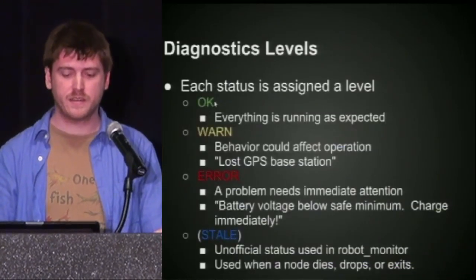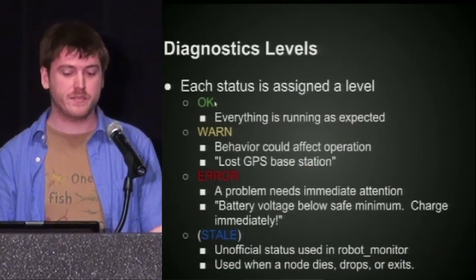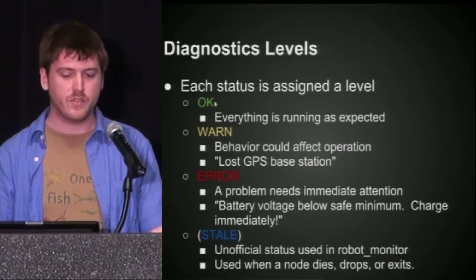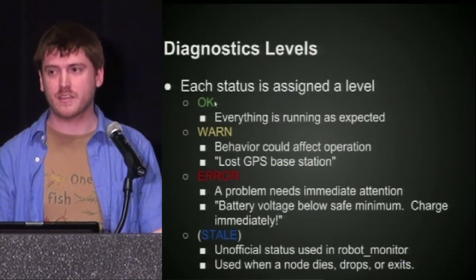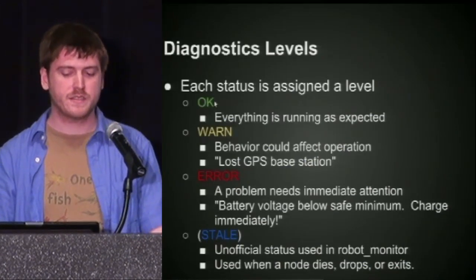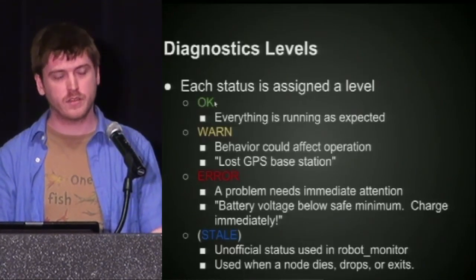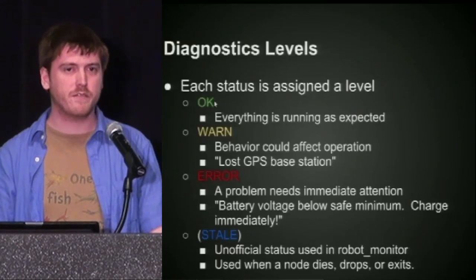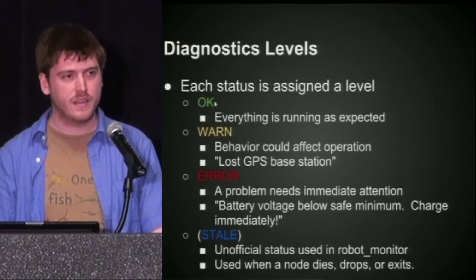And speaking of warning, diagnostics also has many convenient levels. The first one is OK, everything's running as expected. The second one is warning, which means this behavior could affect operation, but it's not necessarily something you have to look at. This could be if you lost your GPS base station.